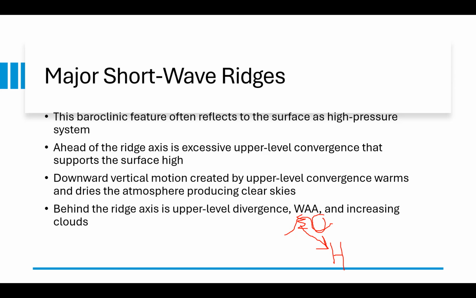You're going to have downward vertical motion. The air is going to be sinking, supporting this high pressure system. You have upper level convergence ahead of the major shortwave ridge axis. And again, it's going to support the surface high, this H right here at the surface. So you're going to get fair weather if you're located out ahead of these major shortwave ridges.